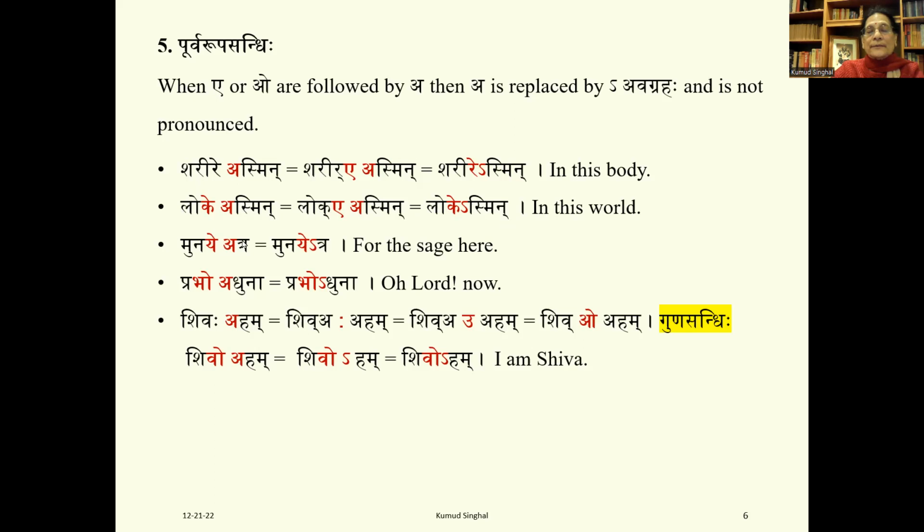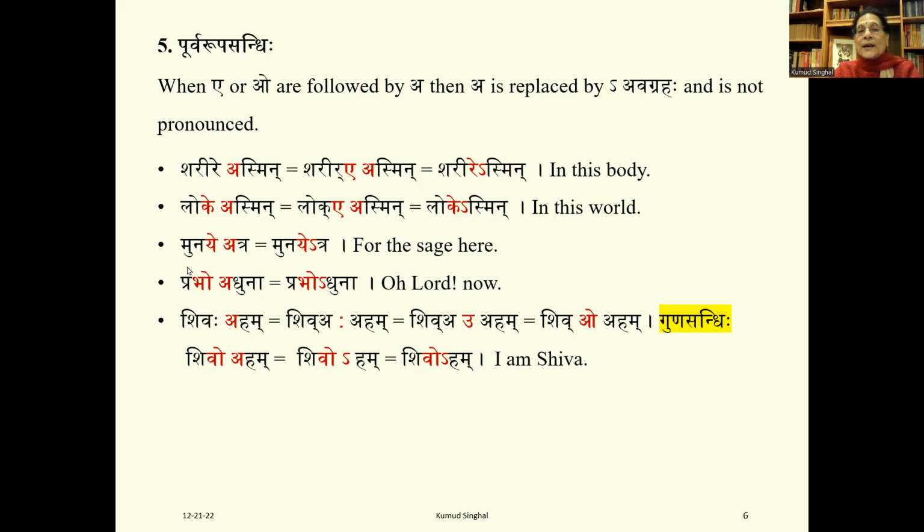Munaye atra. Munaye, the pratipadikam is Muni. This is the fourth case ekavachanam, for the sage. Atra, here, for the sage here. Again, a will be elided. Munayetra, for the sage here. Prabho adhuna.